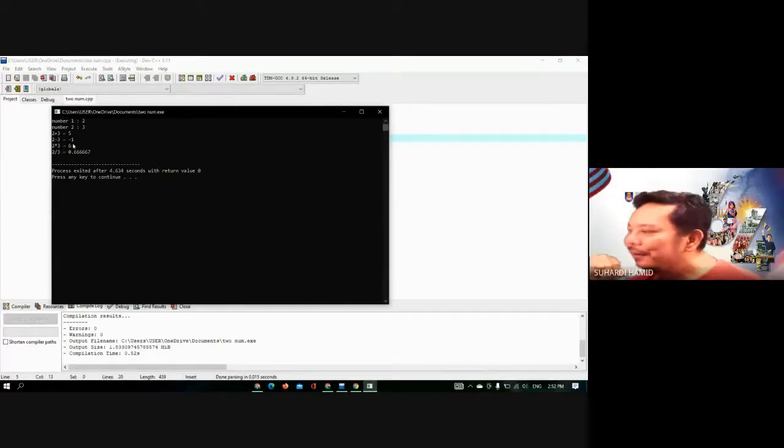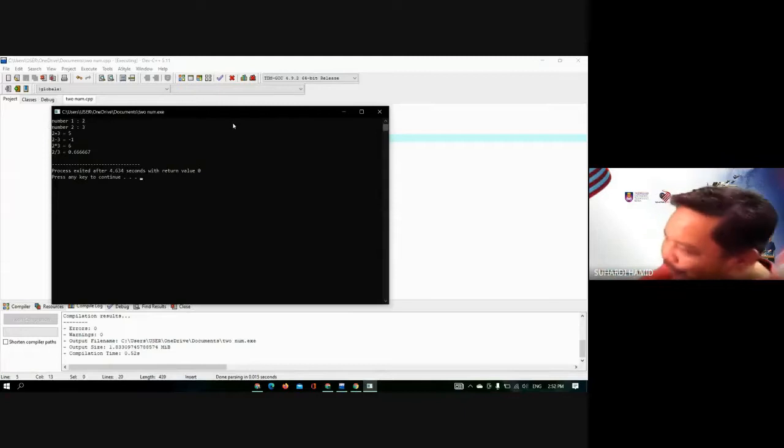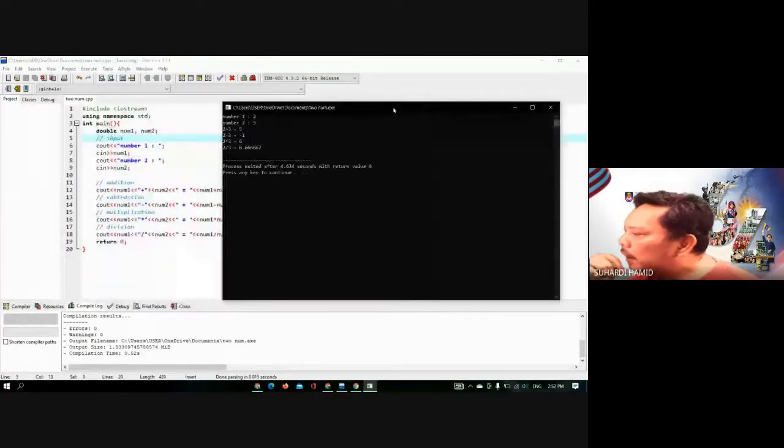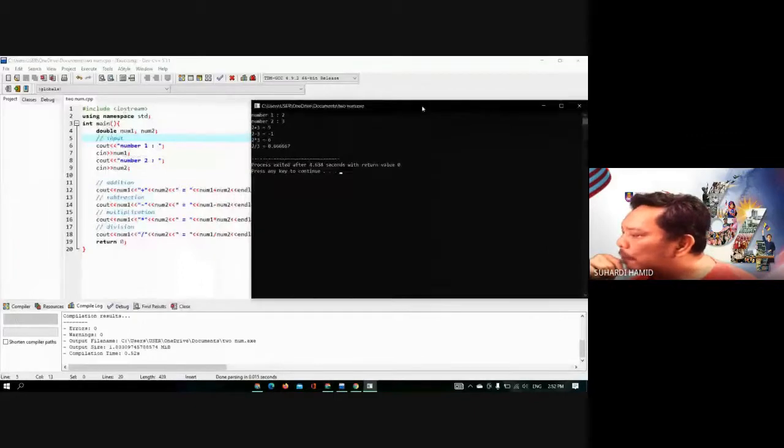Right. Now, here, if you look here, number 1, 2, number 2, 3. 2 plus 3 is 5. 2 minus 3 is negative 1. 2 multiplied by 3 is 6. 2 divided by 3 is 0.66667.